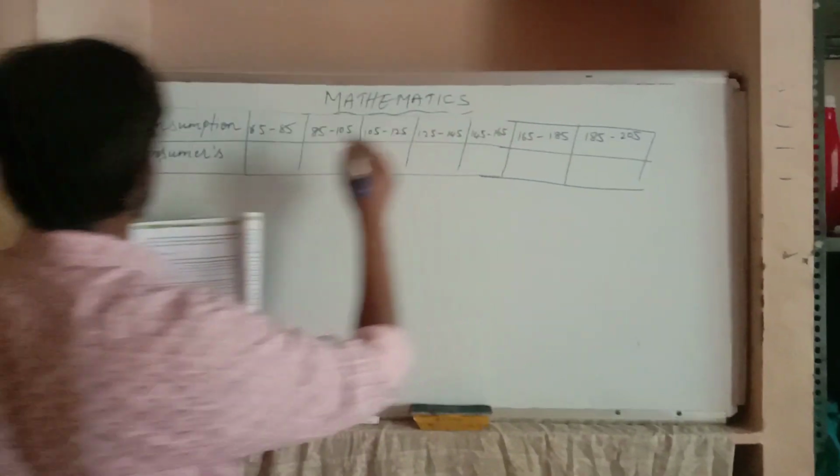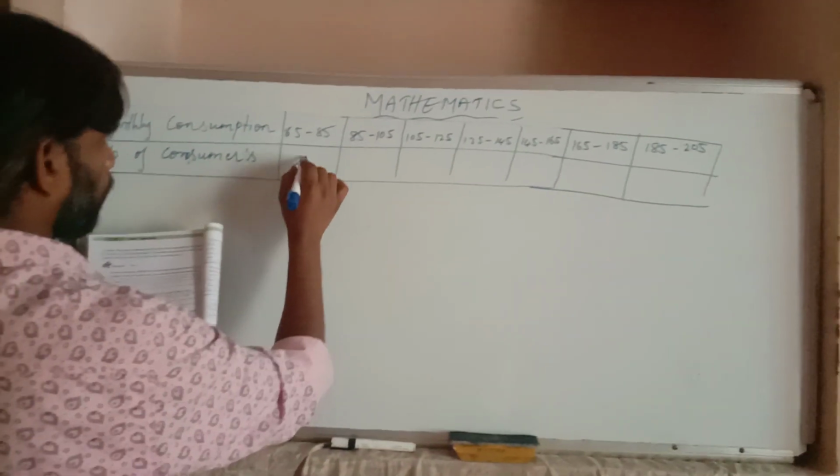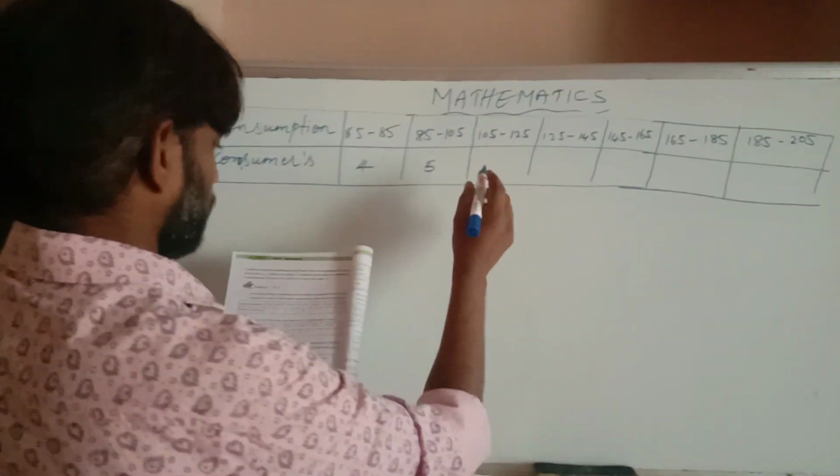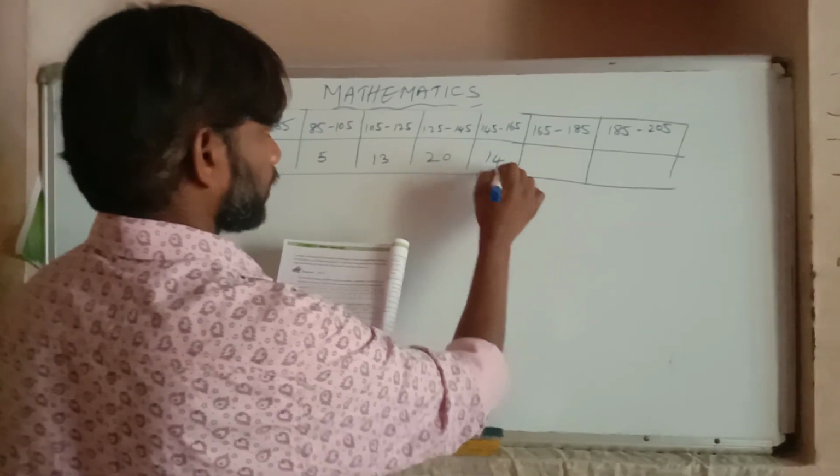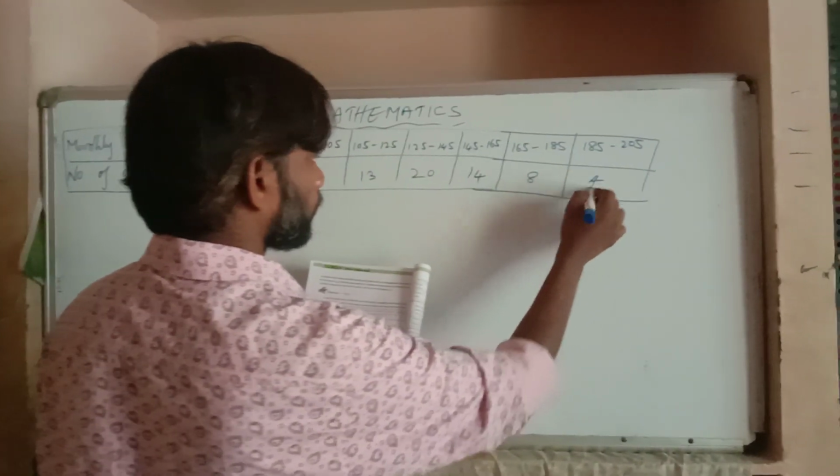And the second column values are 4, 5, 13, 20, 14, 8 and 4.